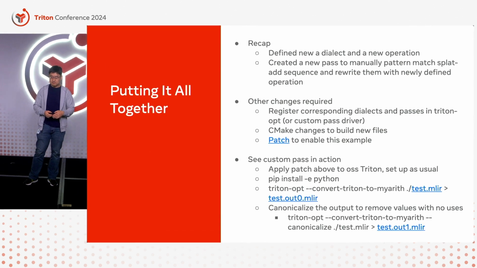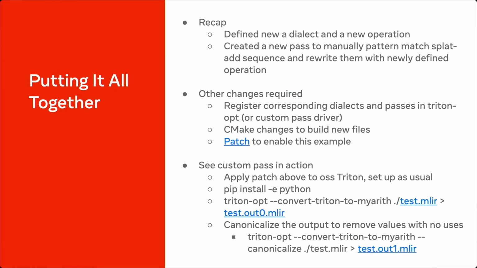So putting this all together, what we have achieved so far, right? We defined a new dialect called myarith. We defined a new operation add ts. We created a new pass to manually pattern match the splat add sequence and rewrite them with our newly defined operation. To get this example to work, of course, there are some other changes that are required.